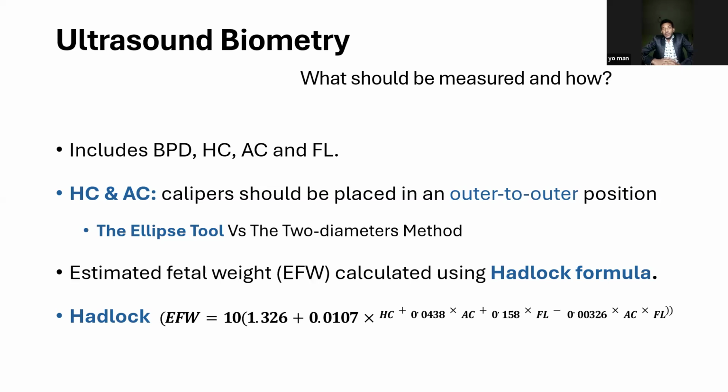I know that a lot of the latest machines, beyond 2020, also have an AI tool to measure those parameters, and researchers are ongoing in evaluating the accuracy, reliability and reproducibility of those AI parameters, and there is no universal consensus on using them. So for now, I will emphasize more on using the ellipse tool for measuring HC and AC.